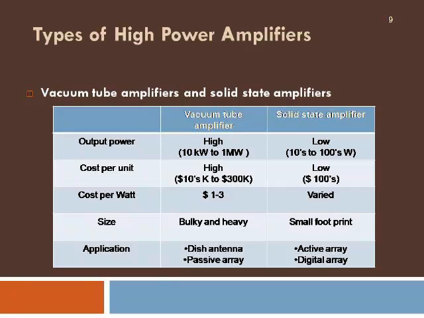The cost per watt of power output is going to be $1 to $3 for vacuum tube devices, and it can be variable in the case of solid state amplifiers.